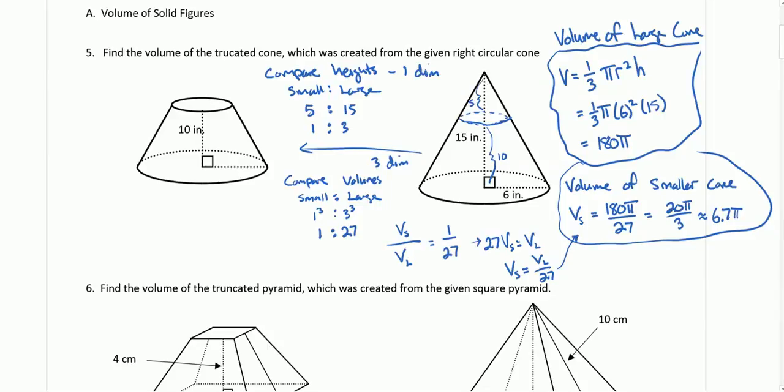So now let's put this together. What we're after here is the volume of the truncated cone.